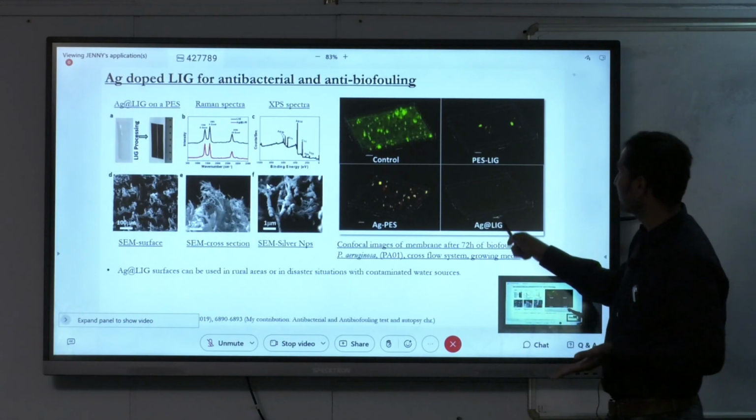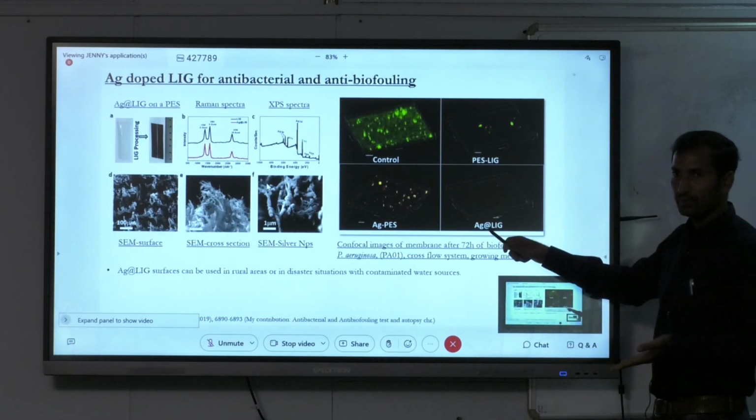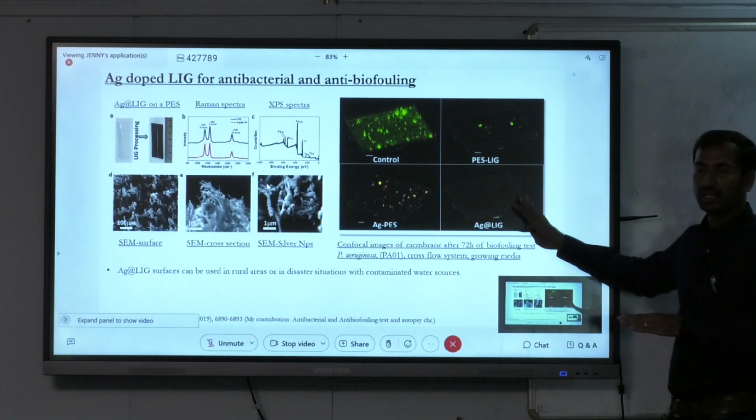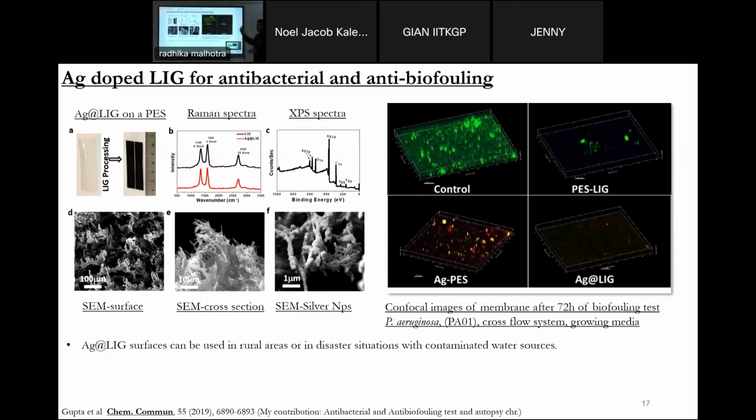In the last case, silver doped with LIG, we eliminated most of the bacteria. You only see a few spots and all of them are in a dead, inactive state. So, this is how we made intrinsic antibacterial properties in our membranes.